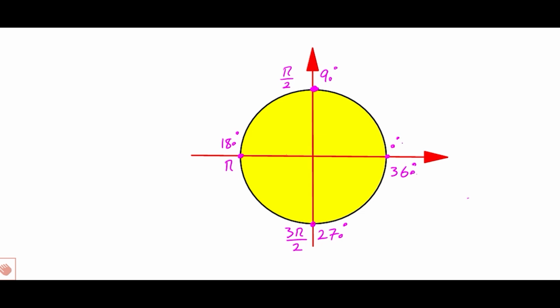In fact, 360 degrees lands on the same point as 0.